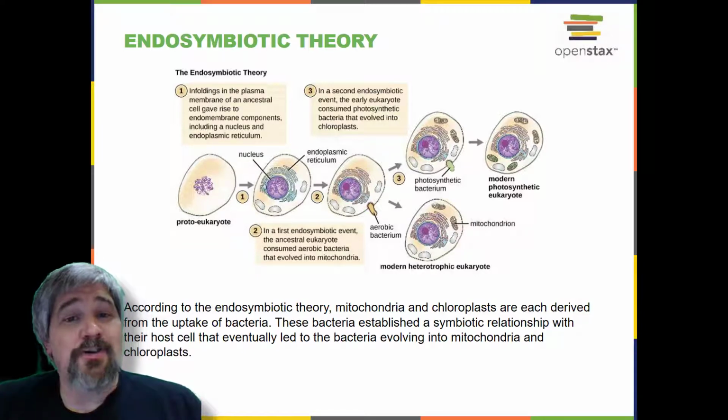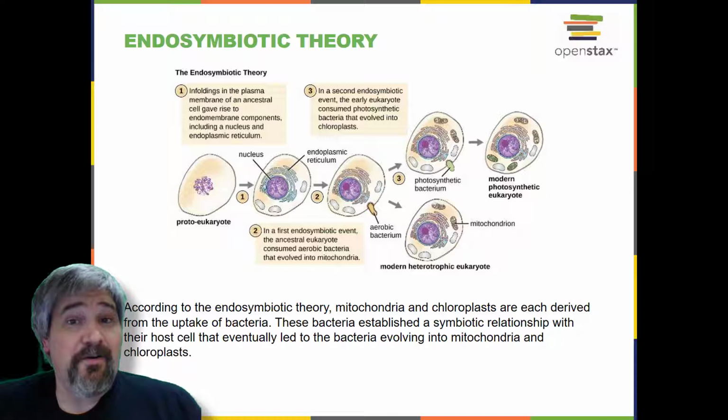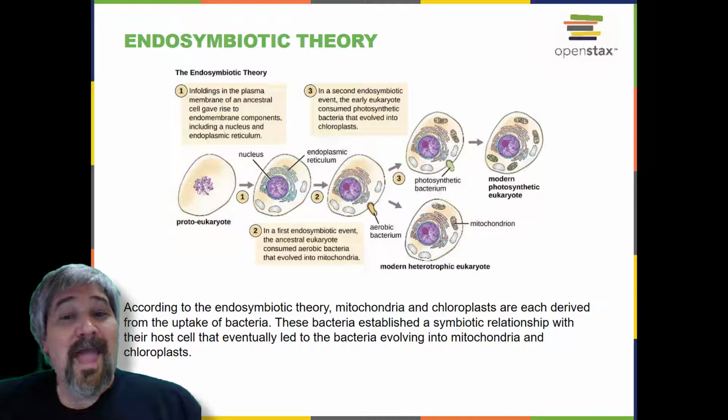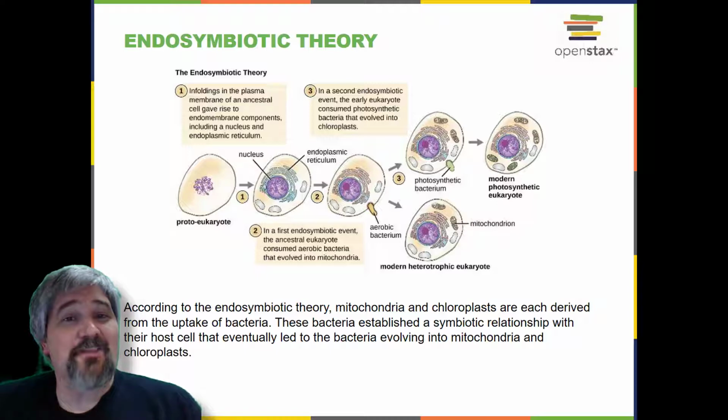Scientists have long noticed that bacteria, mitochondria, and chloroplasts are similar in size. We also know that mitochondria and chloroplasts have DNA and ribosomes just as bacteria do. Scientists believe that host cells and bacteria formed a mutually beneficial endosymbiotic relationship when the host cells ingested aerobic bacteria and cyanobacteria but did not destroy them.